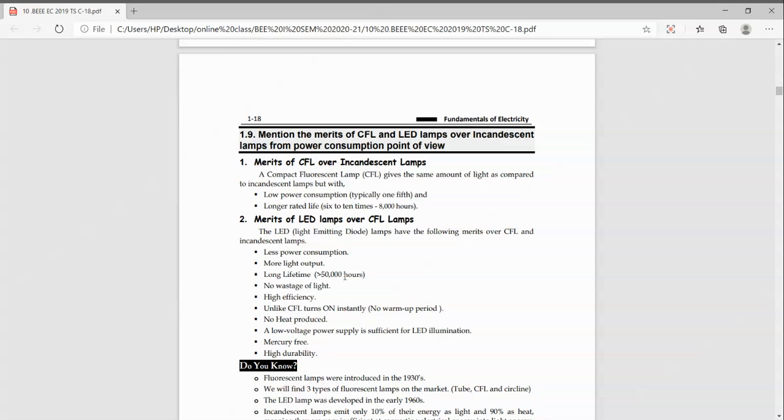It will take some time, it will blink and then it will glow. But LED lamps glow instantly. When you switch on, immediately they are on. So no heat is produced in LED lamps, and a low wattage power supply is sufficient for LED illumination, and it is mercury free and highly durable. So these are all the advantages of LED that you have to remember.